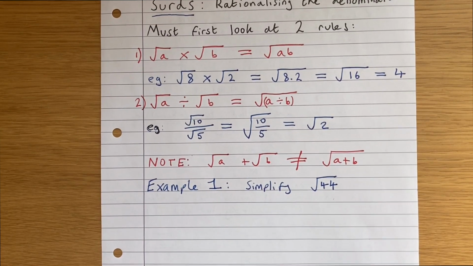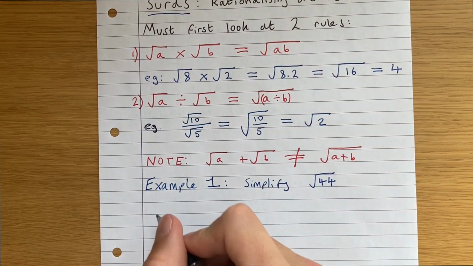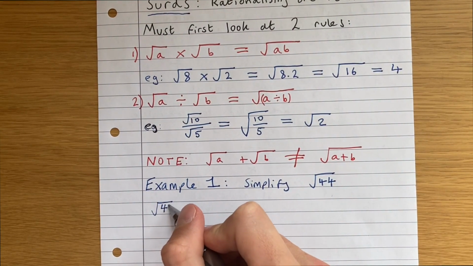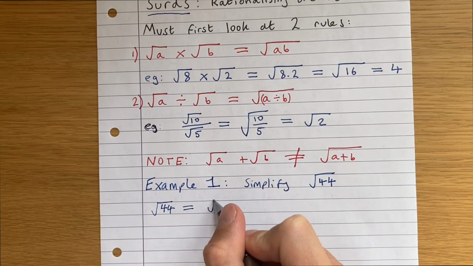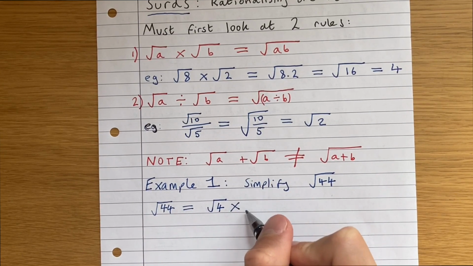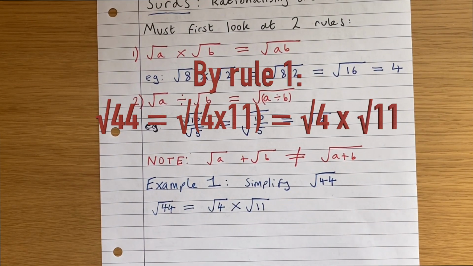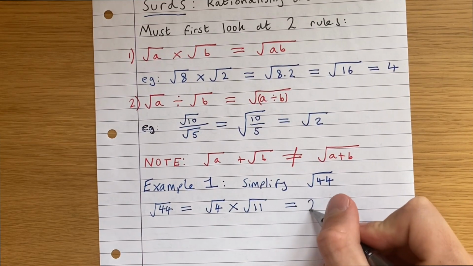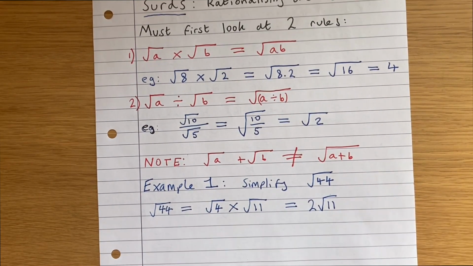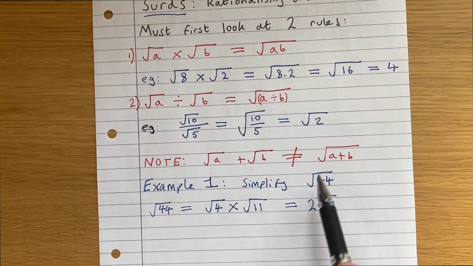So if we rewrite this as the square root of 44 is equal to the square root of 4 times the square root of 11, we can now simplify this expression because we know that the square root of 4 is 2. So this is equal to 2 times the square root of 11. And that is this expression simplified.